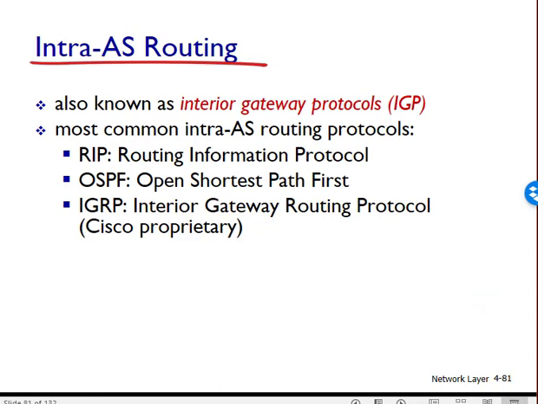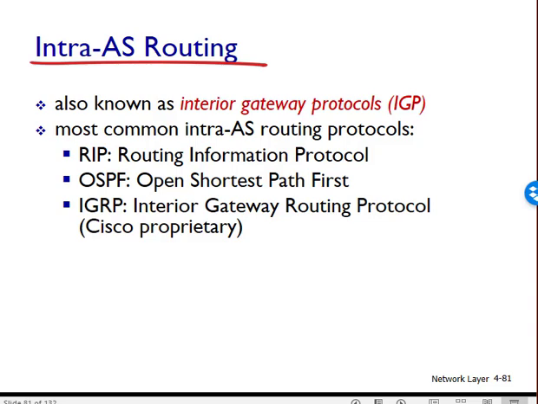Having studied Internet addressing and the IP protocol, we now turn our attention to the Internet's routing protocols. Their job is to determine the path taken by a datagram between source and destination.